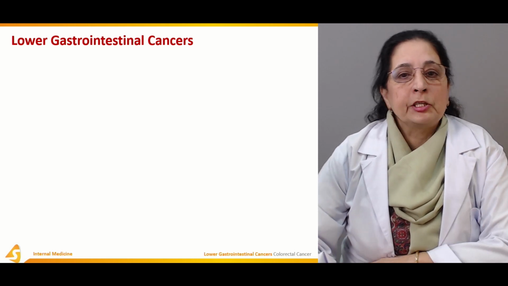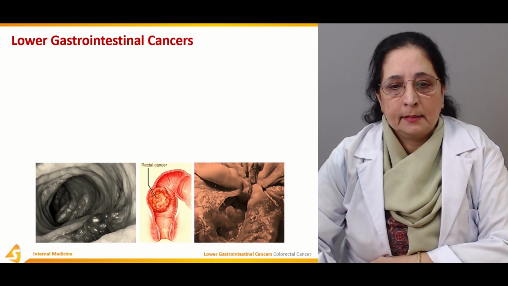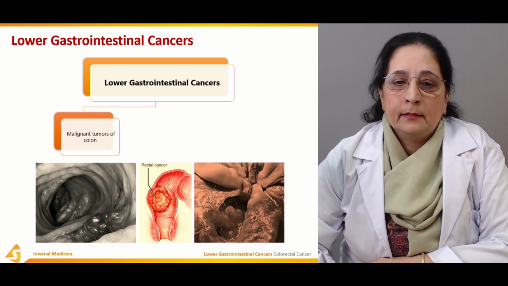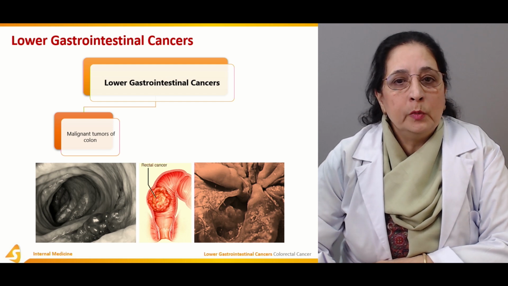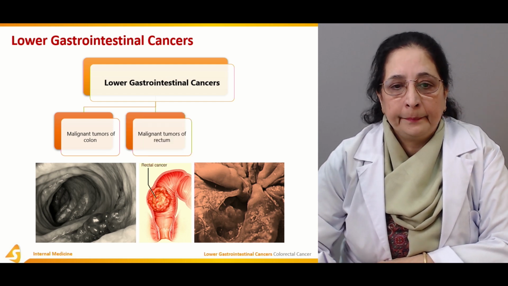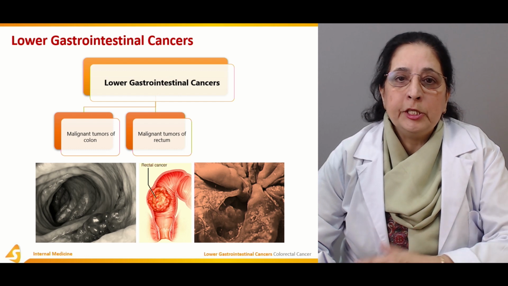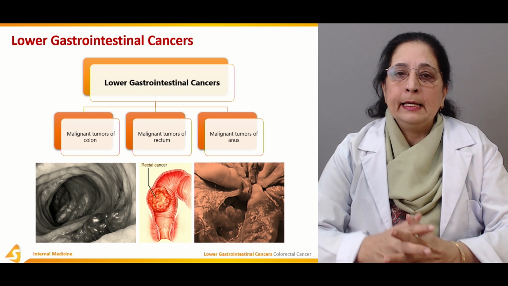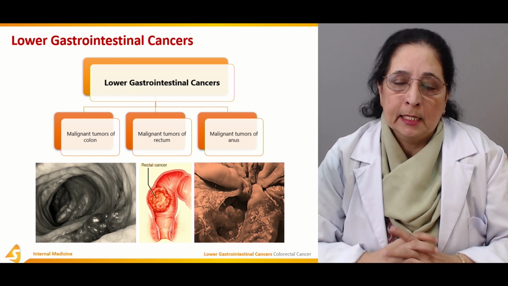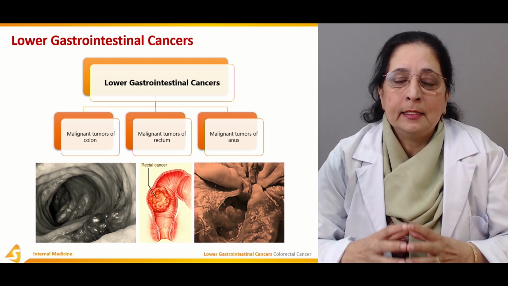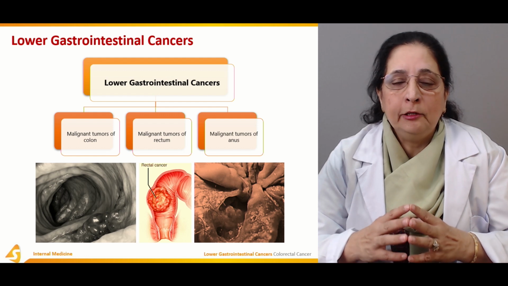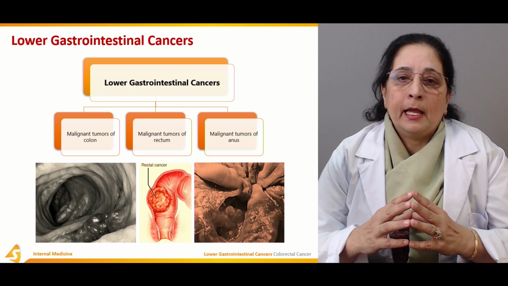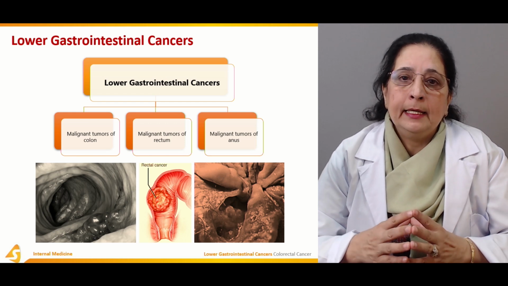So, lower gastrointestinal cancers. The lower gastrointestinal cancers include malignant tumors of the colon, malignant tumors of the rectum, and also malignant tumors of the anus. The lower gastrointestinal tract is mainly three structures: the colon, the rectum, and the anus.